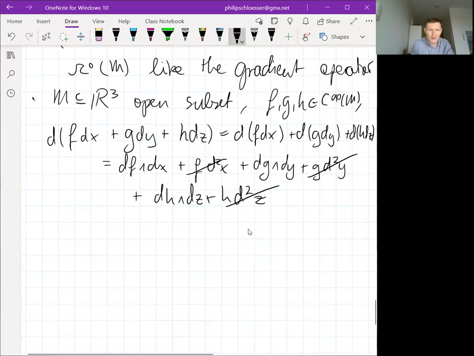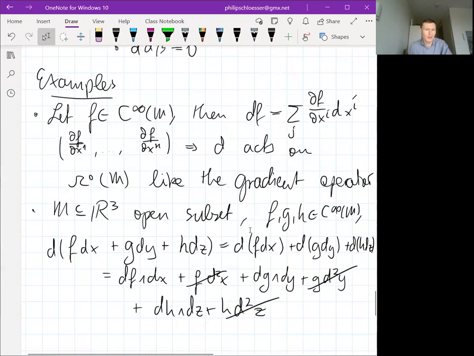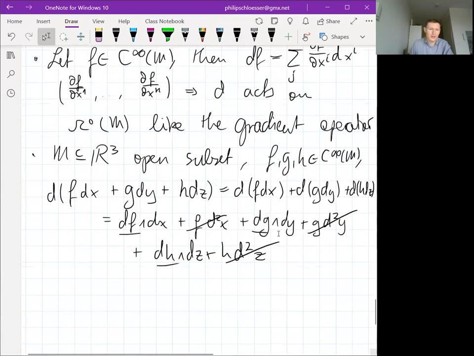Then we can plug in the expression for df, dg, and dh. Not a long calculation, whatever. And then we get this expression.